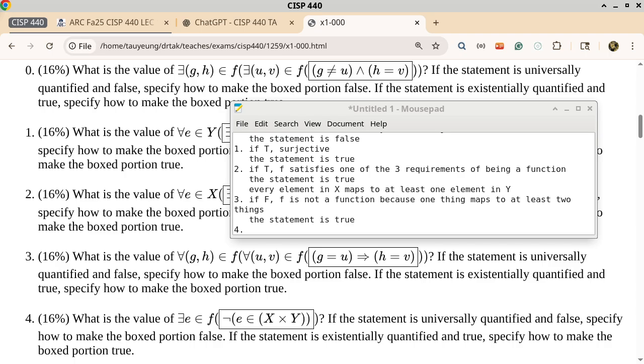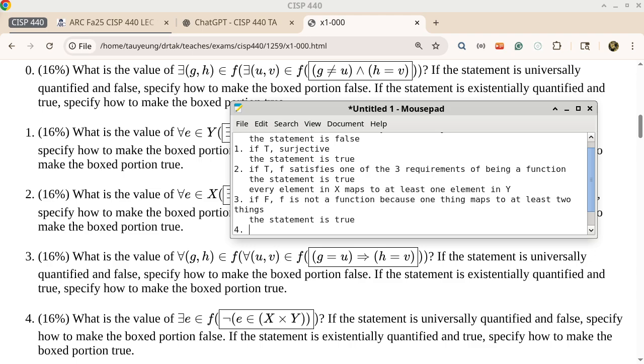The last one is checking: there exists an element E in F, so this time the two tuple is seen as a single thing, E, such that it is not the case that E is in the Cartesian product between X and Y. This is the double check to make sure that every two tuple in F has something from X as the first item and something in Y as the second item. That's the last requirement for this to be a function.